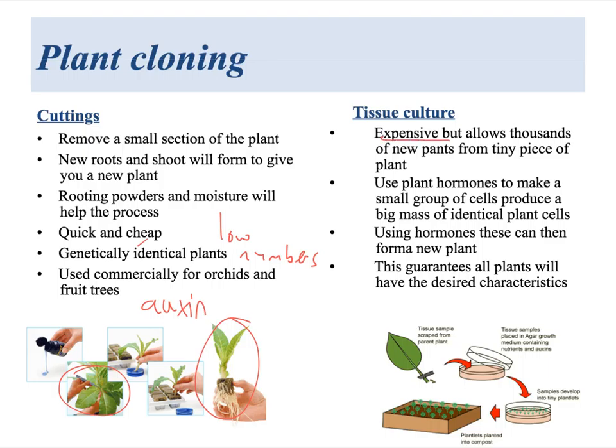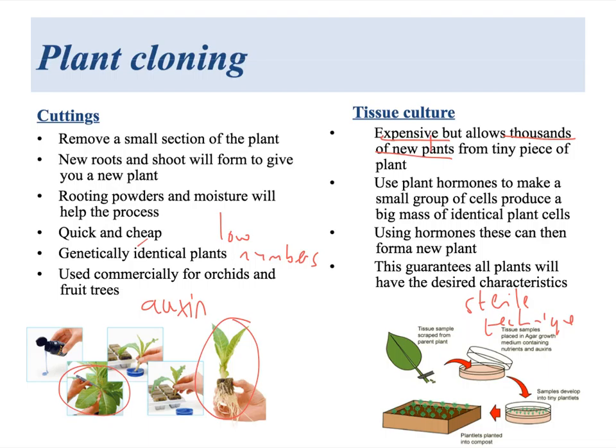Tissue culture is more expensive, and it requires more. You've got to make sure everything's sterile, for example. It's a harder technique. But one of the key things is it produces thousands of new plants. So if you've got an endangered plant, you'd want to use tissue culture.